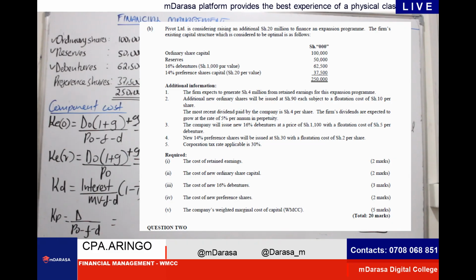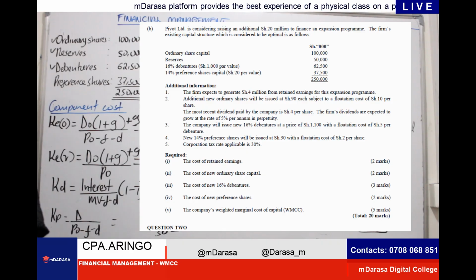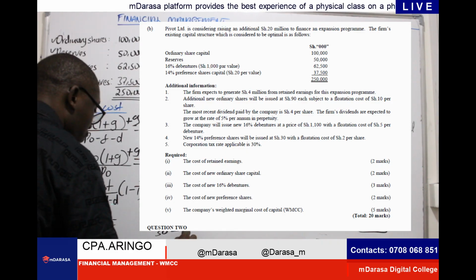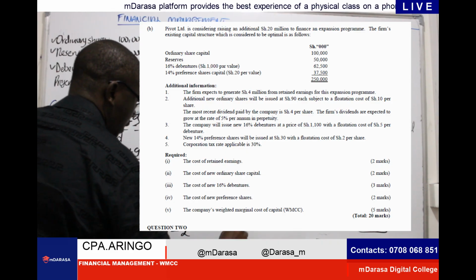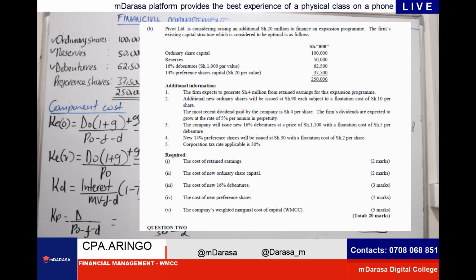We are going to divide all this, of course, by our P0, the market value of these preference shares. You're given 30 less any flotation cost. In this case, you're given a value of 2. So in that case, that will give us how much?